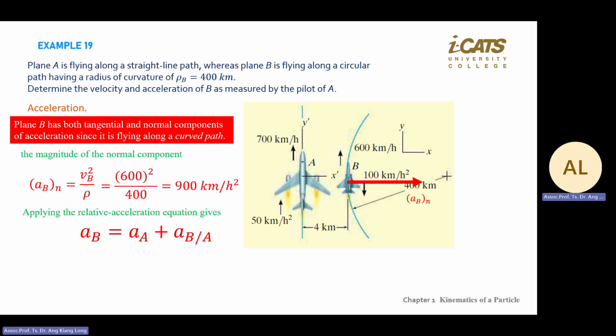You get AB stroke A equal to AB minus AA. Or you can write AB equal to AA plus AB stroke A. So you can also convert AB equal to 900 minus 100J.